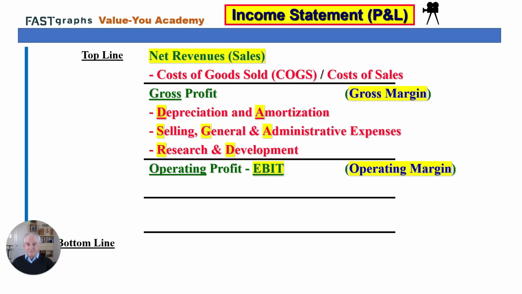Operating profit, also known as EBIT, earnings before we take off interest expense and tax expense. This margin is called your operating margin. A lot of the companies I work with, they might say we need a 15% operating margin. For every dollar you sell, you can spend 85 cents on cost and expenses, but we want 15 cents or 15% left to cover the other things.